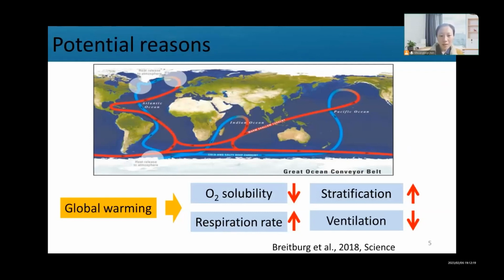In addition, the increasing stratification and the decreasing ocean overturning circulation also reduce the introduction of oxygen from the atmosphere and surface waters into the deep oceans. Therefore, any processes that could alleviate the poor oxygen conditions in the ocean interior are important to know about.